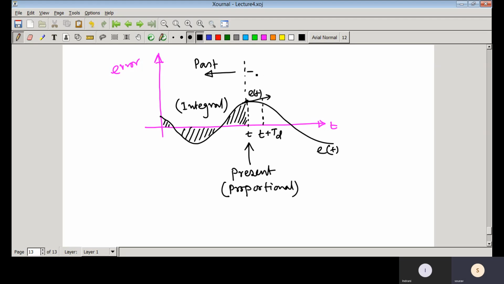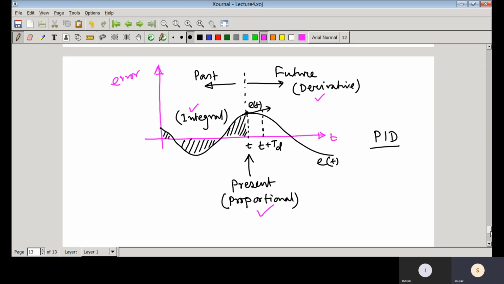That means the future is associated with the derivative controller. So this is very interesting to see. In case of the PID controller, the proportional controller takes care of the present, the integral controller takes care of the past, and the derivative controller takes care of the future.